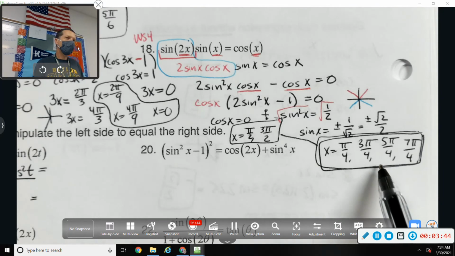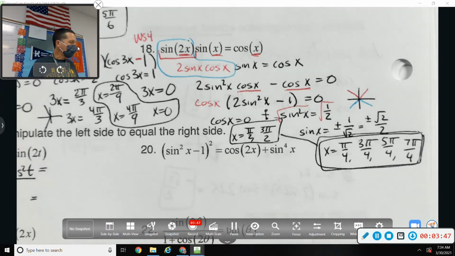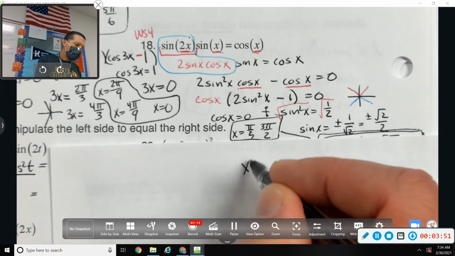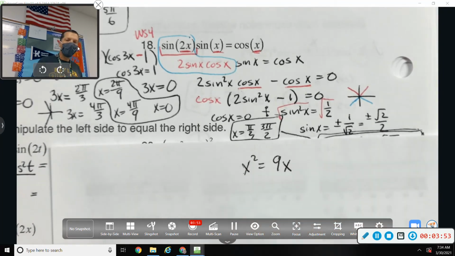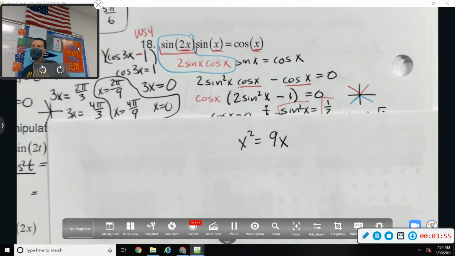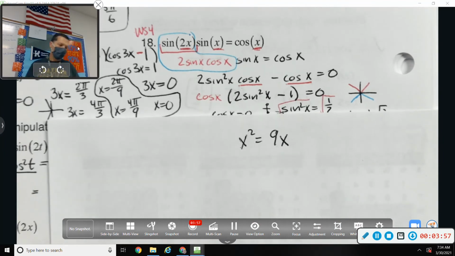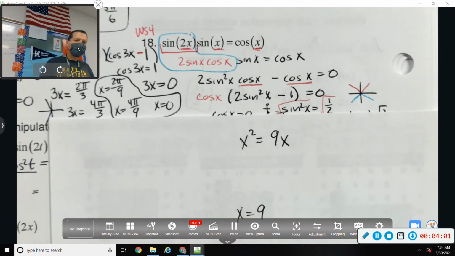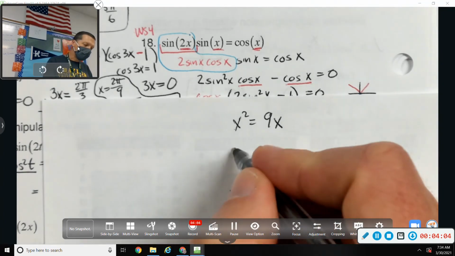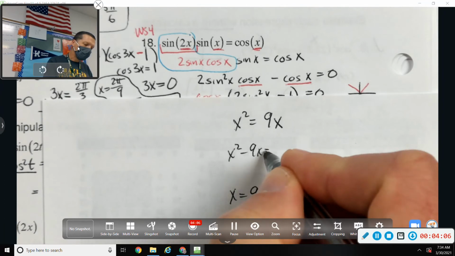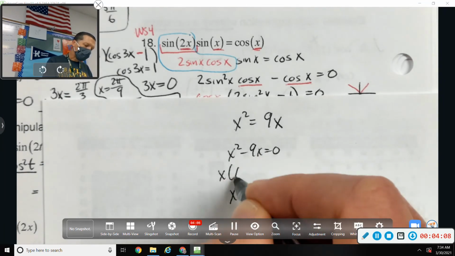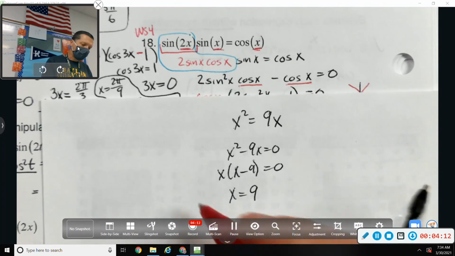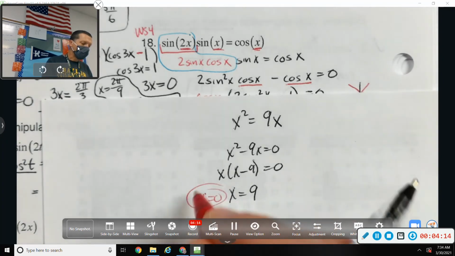Does that make sense? On a much easier scale, because this is a big deal, it happens a lot. If you have x squared equals 9x, if you divide by x, then you get x equals 9. And that's not wrong, but if you move the 9x over like you're supposed to, and then factor out the x, you get x equals 9, but you also get x equals 0.